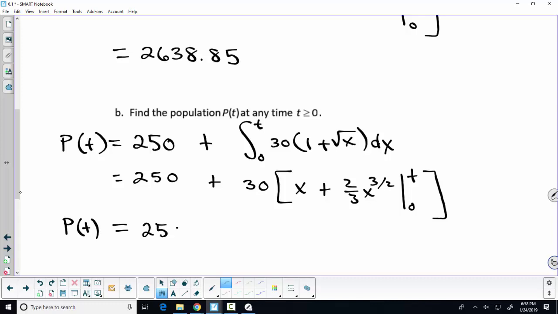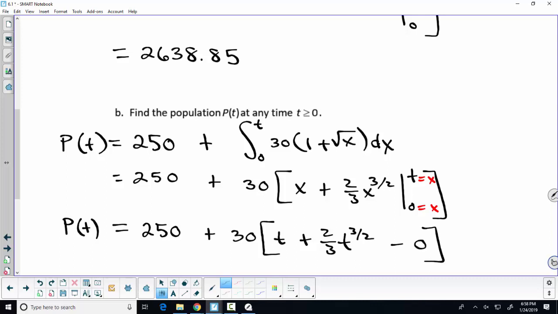We'll just simplify this out to see what kind of function of t we've got, or x rather. So these bounds came from the dx, which means they're x equals t and x equals 0. So we have t in for x, and then 0 in for x just makes all of that 0.